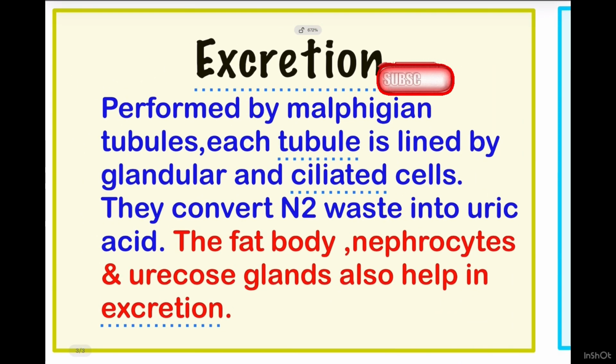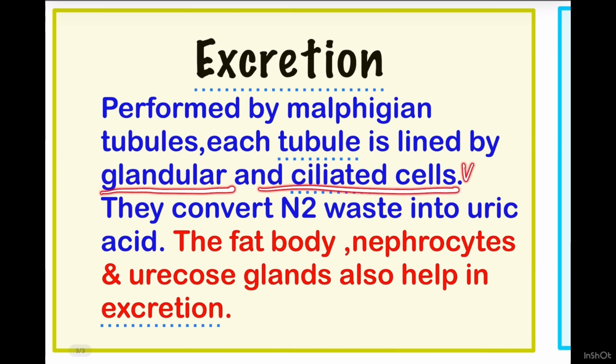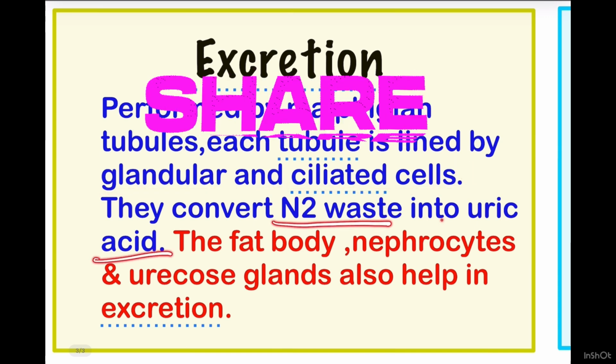When it comes to the excretory system, there are no special excretory structures like kidneys here. Malpighian tubules are present. The Malpighian tubules are the main excretory organs, and these tubules are lined with glandular and ciliated cells, and they convert nitrogenous waste into uric acid.